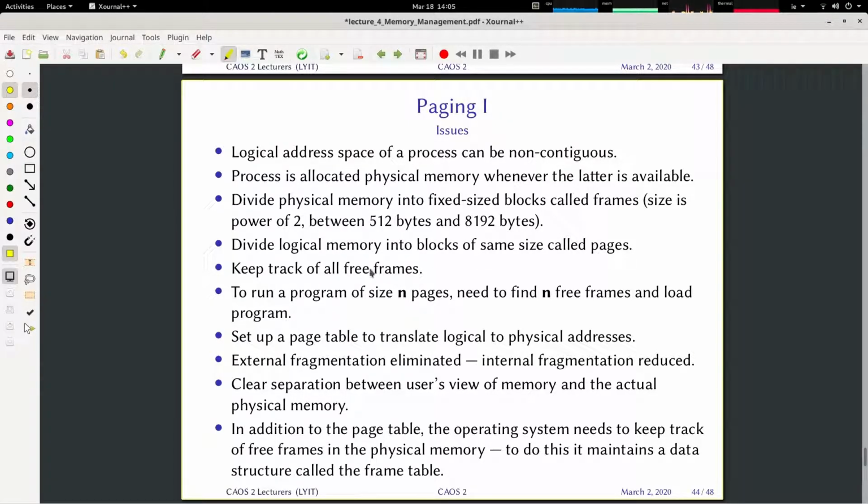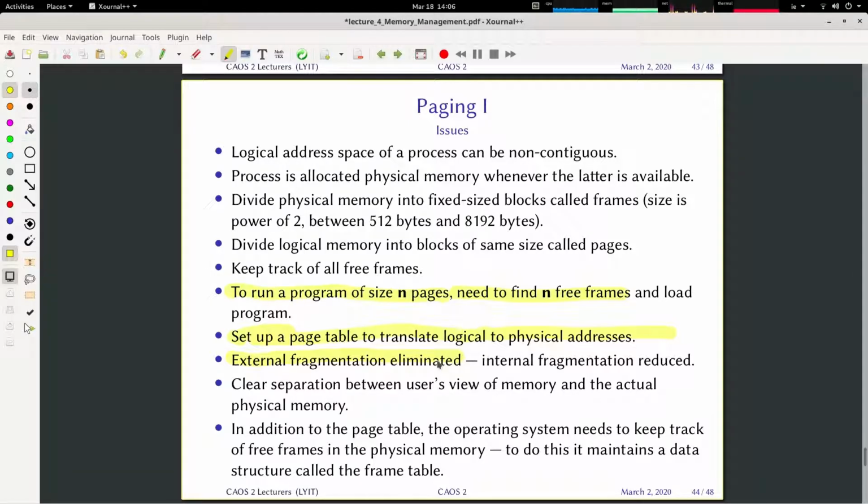A program gets broken up into whatever number of pages it requires in order to satisfy its logical address space, and then basically when you want to run a program, you have to find a similar number of free frames and you copy the pages into the frames. You need a page table to map the logical to the physical addresses, and the very, very important benefit is that you eliminate external fragmentation.